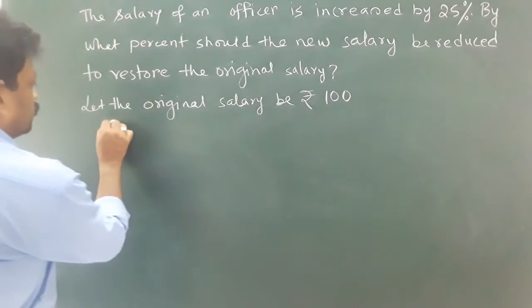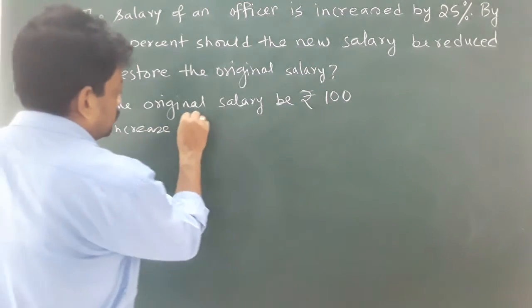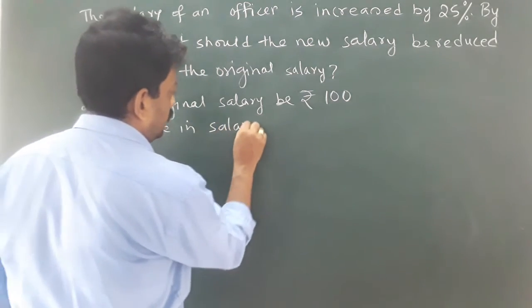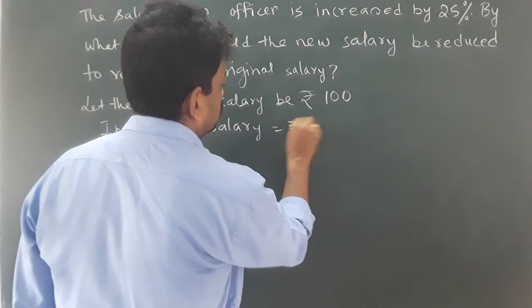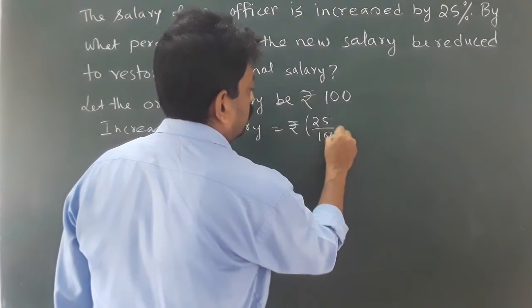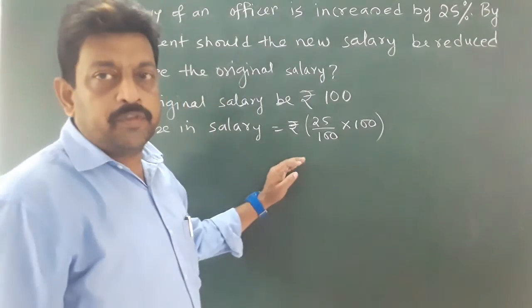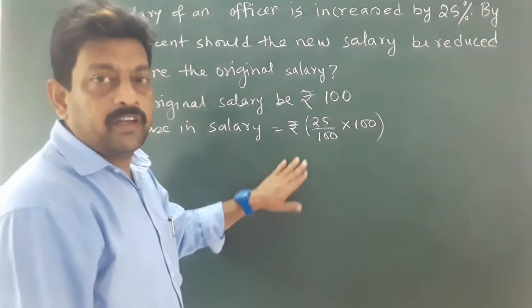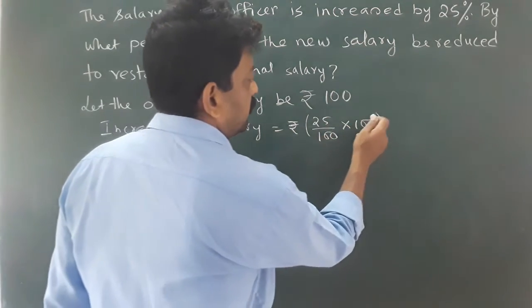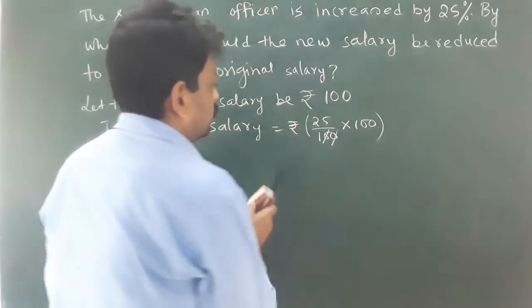Okay. So increase in salary equals 25% of rupees 100. So it will be written like that: 25 upon 100 multiplied by 100.